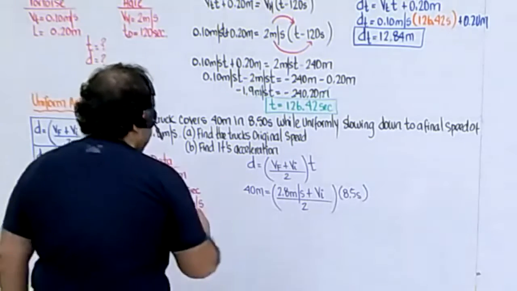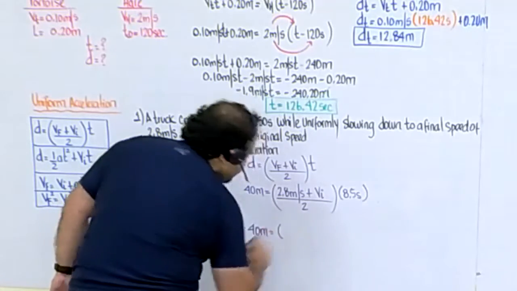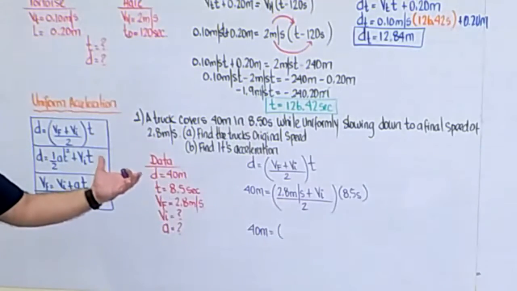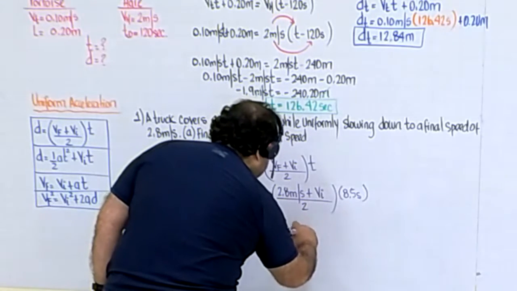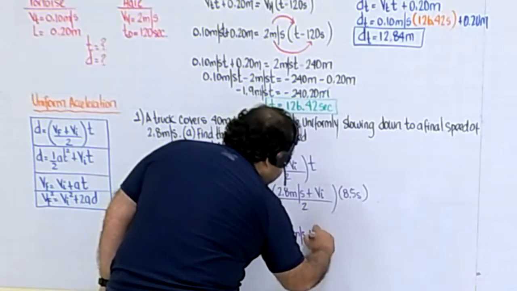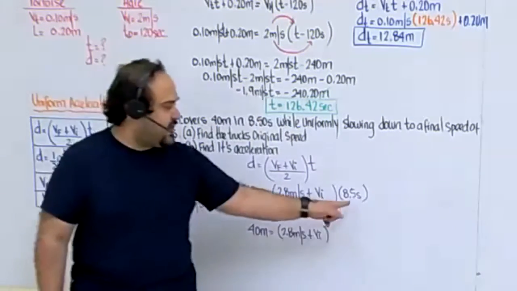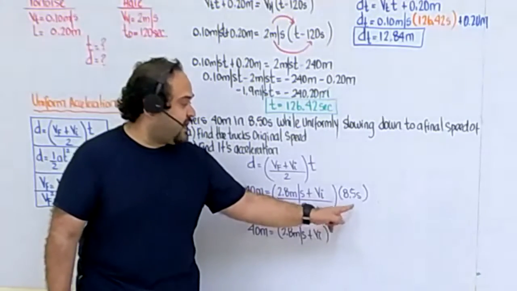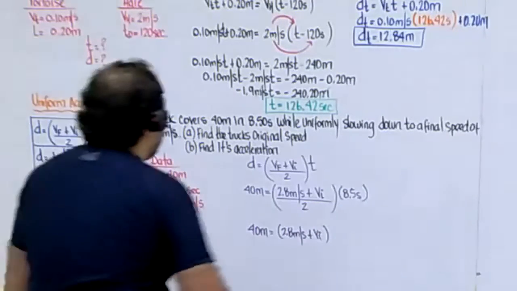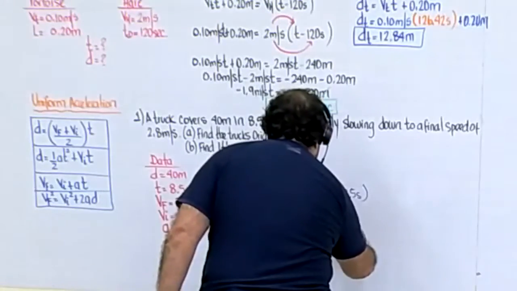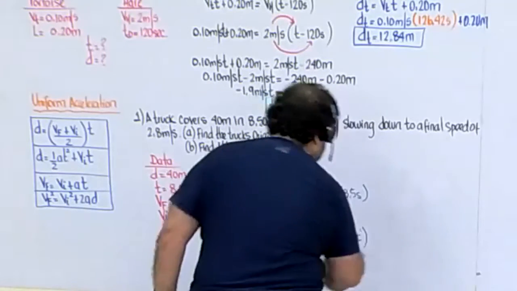So we can copy once again 40 meters, open parenthesis, a smaller parenthesis because we don't have the fraction anymore. We're going to apply 2.8 meters per second plus initial velocity, and instead of writing 8.5, remember we divided 8.5 by 2, and the answer was 4.25 seconds.